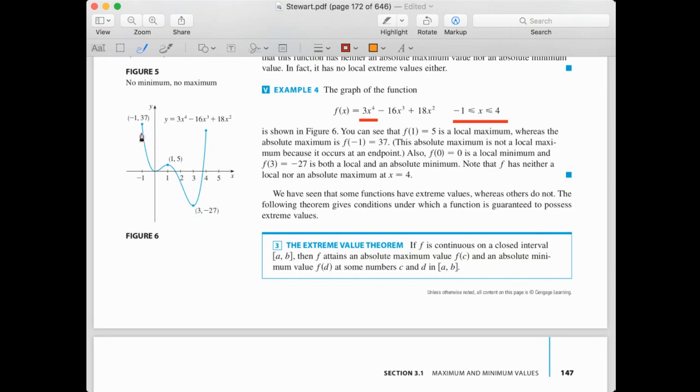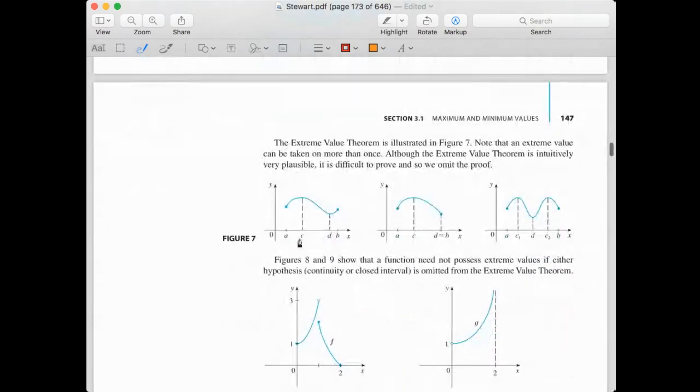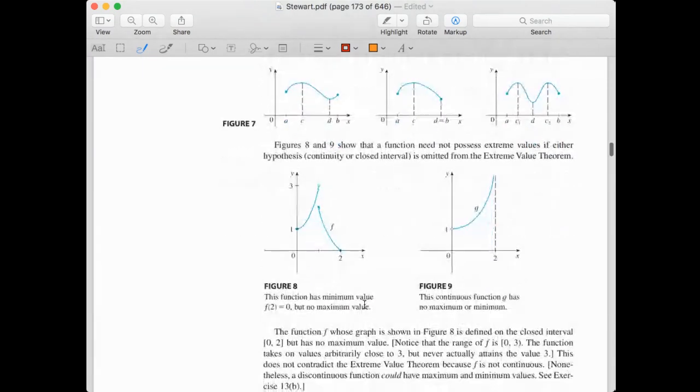If the function is restricted in a closed interval, here from -1 to 4, maximum value and minimum value are guaranteed to happen. This is very intuitive, but it's a very, very important theorem in mathematics. In a closed interval, maximum value and minimum value are guaranteed to be found.